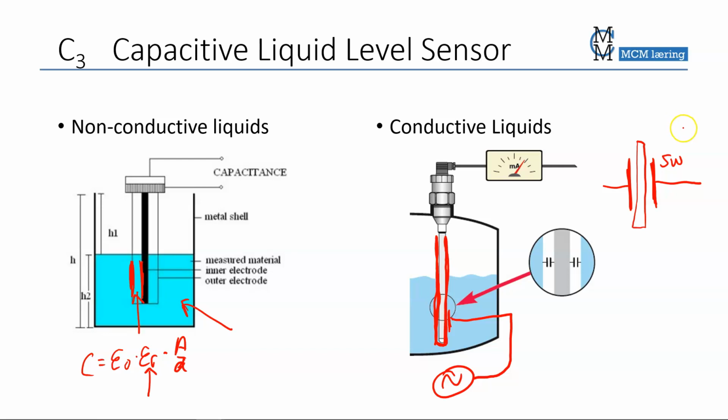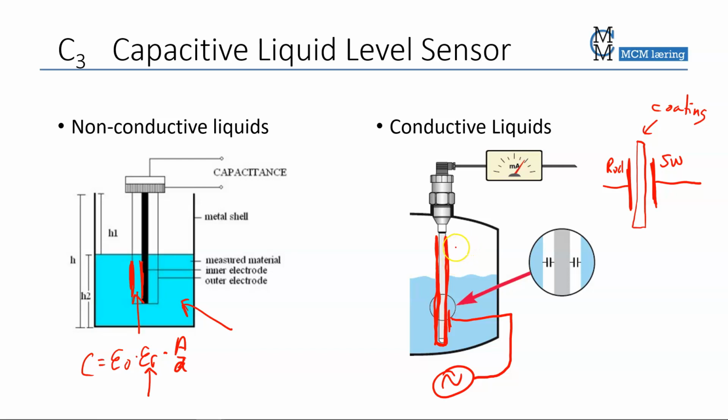It doesn't have to be salt water, of course, it can be any conductive liquid, but this will be on the other side of the rod, the center rod. And here you have the coating of the rod itself. Now, this is only valid for the portion of the rod that is dipped in liquid.